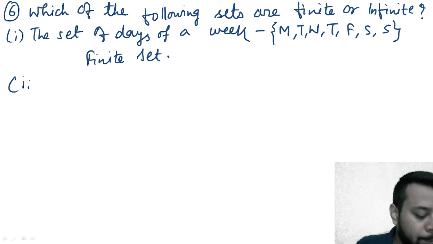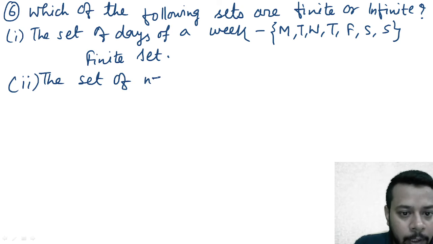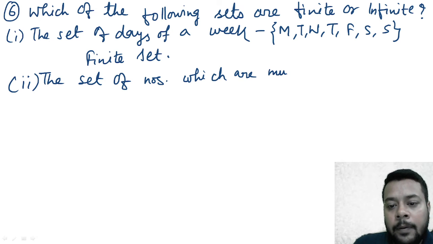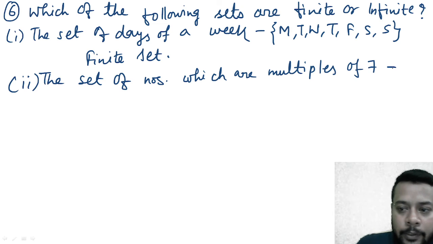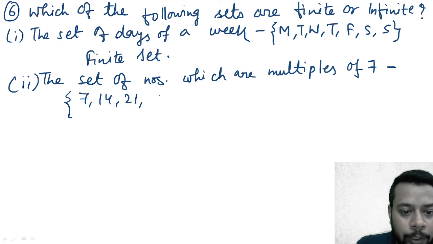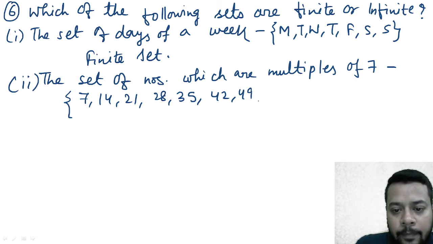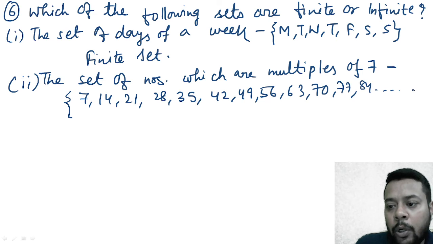If I talk about subpart 2, the set of numbers which are multiples of 7. Try to understand this one. Multiples of 7 means the table of 7: 7, 14, 21, 28, 35, 42, 49, 56, 63, 70, 77, 84, and so on.